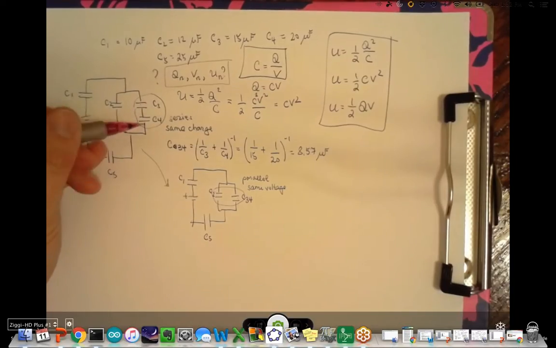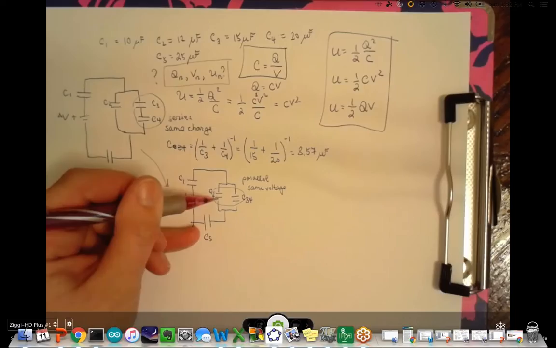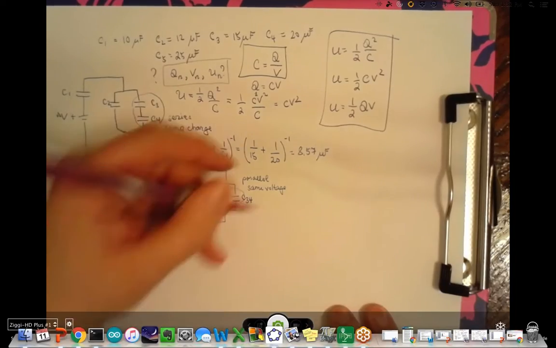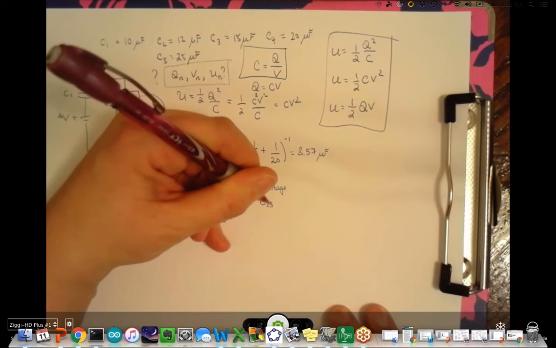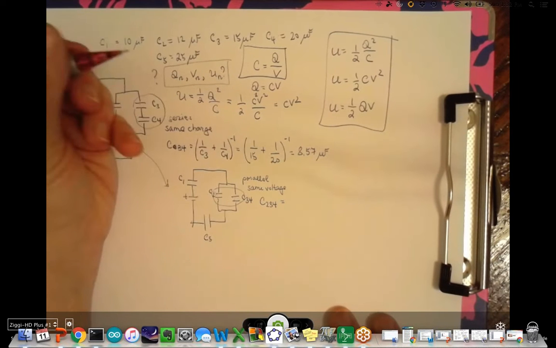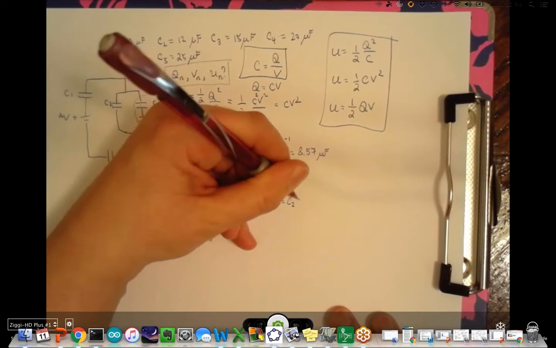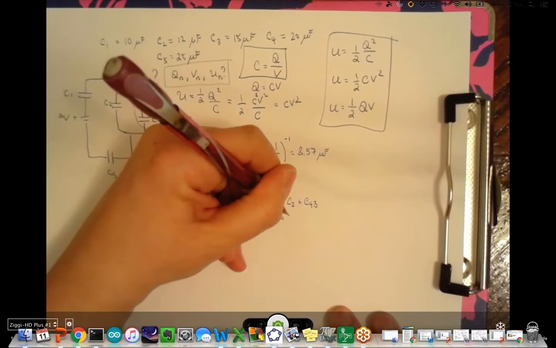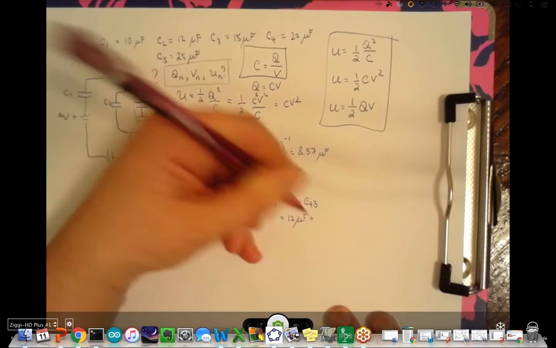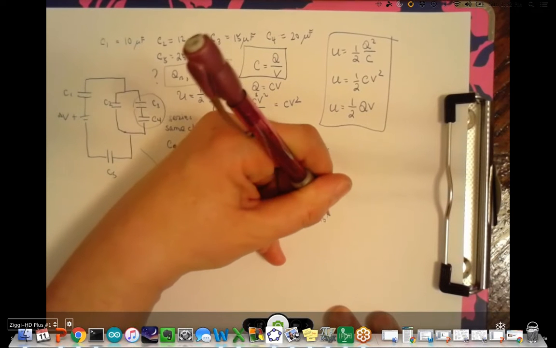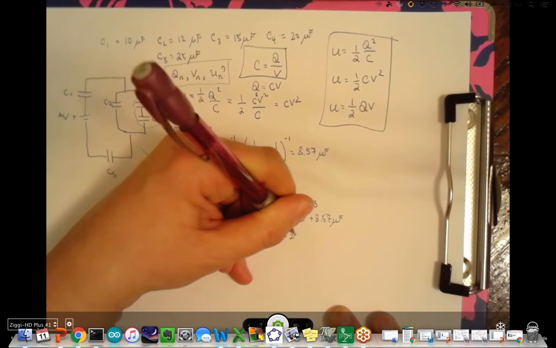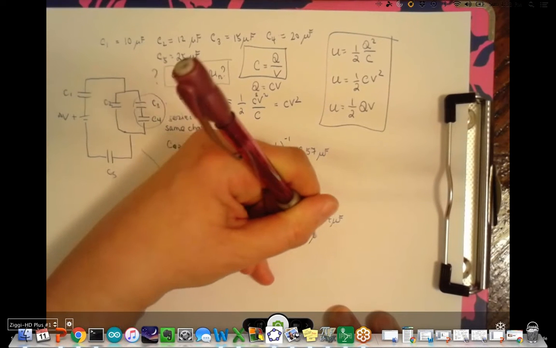Do the series connection first, redraw it, and then do it in parallel when you're down to one equivalent capacitor on each branch. Capacitors in parallel simply add together, so C234 is C2 plus C34, which is 12 microfarads plus 8.57 microfarads. So C234 is 20.57 microfarads.